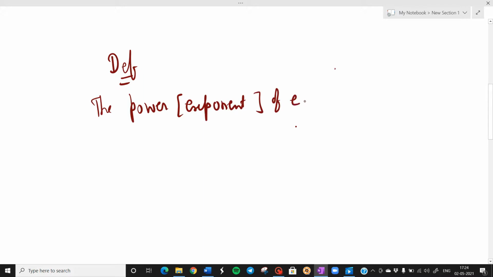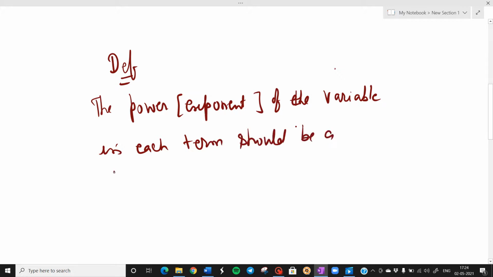For this definition, we can say in an algebraic expression, the power, meaning exponent, of the variable in each term should be a whole number.